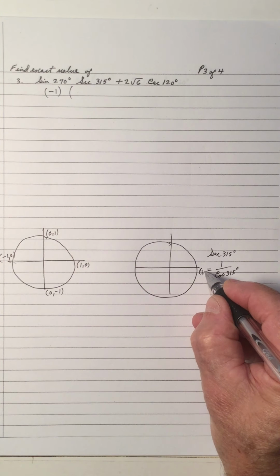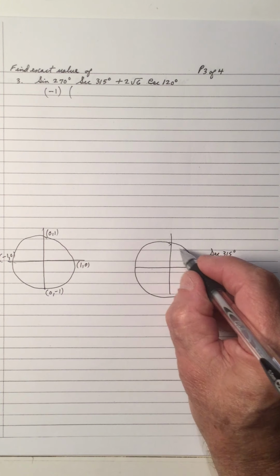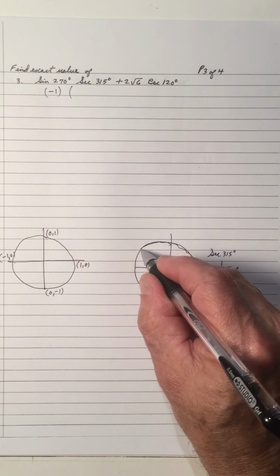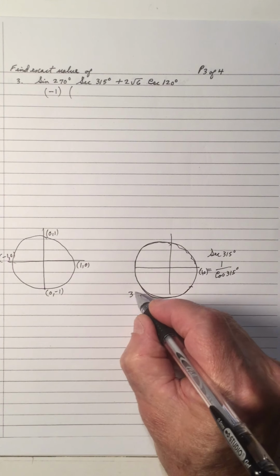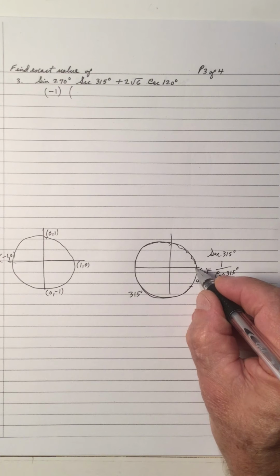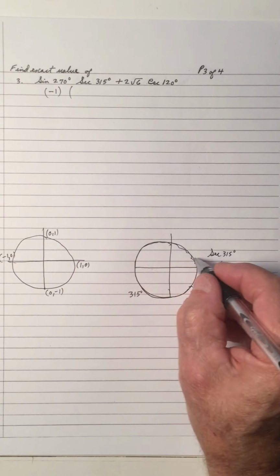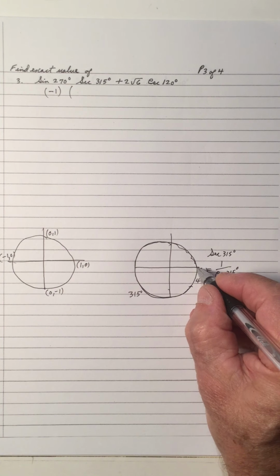Again, unit circle (1, 0). So we rotate around 315 degrees, right around to here. So that's a 315 degree rotation. This is a 45, makes the 360 all the way around. 360, 315, 45 is 360.